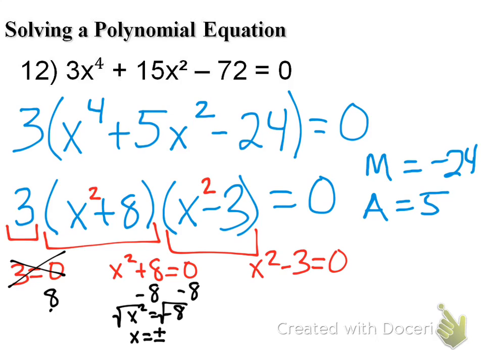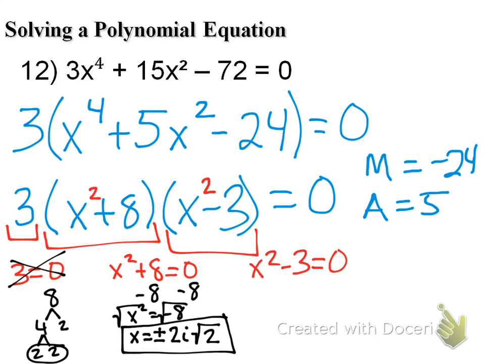We have to do a factor tree for 8. 4 and 2, 2 and 2. So these 2's will come out. So I'll have plus or minus 2. What else needs to come out? An i. And then in the square root, I still have a 2. That gives me 2 solutions. Positive 2i square root of 2, negative 2i square root of 2.